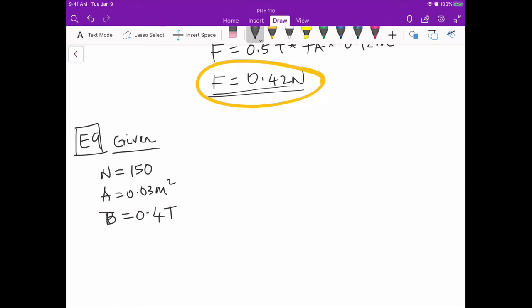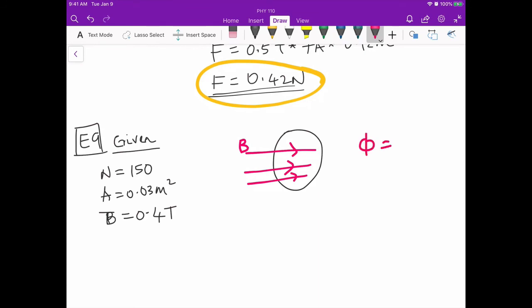So you have a coil like this, and you have magnetic field strength flowing through it, right? Then we know that magnetic flux phi for a single coil is B times A, magnetic strength times area, but you add N for the number of turns.